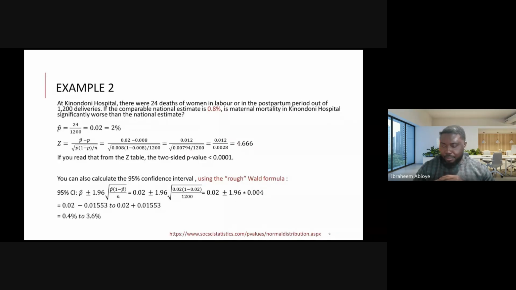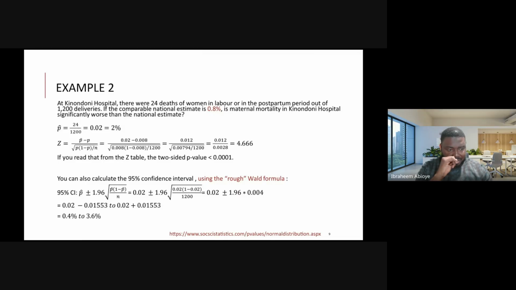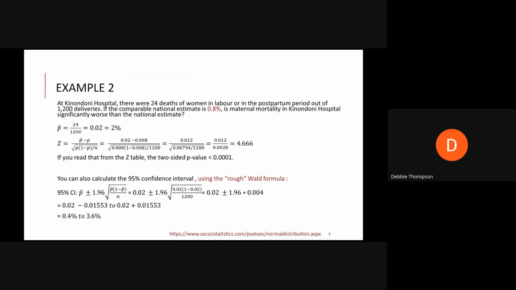Anyone wants to try? Okay, let me try. Based on the p-value, there would be a significant difference in the findings from Kinondoni Hospital as opposed to the national estimate. However, based on the confidence interval, the reference, this national estimate of 0.8%, does fall within the 0.4 to 3.6% confidence interval.